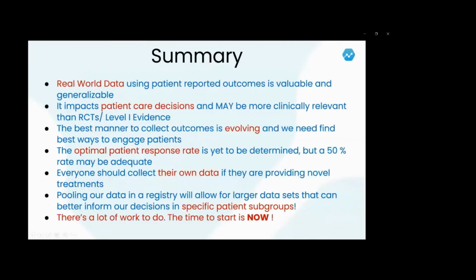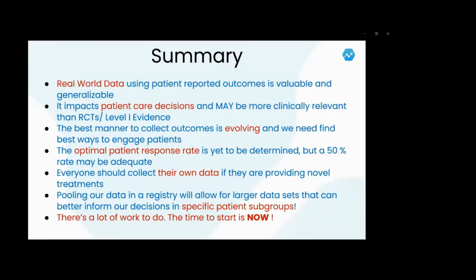So just some summary points for the next couple slides: real world data is valuable and generalizable. Real world data can impact daily patient care decisions, and it may actually be more relevant than placebo-controlled randomized level 1 trials.